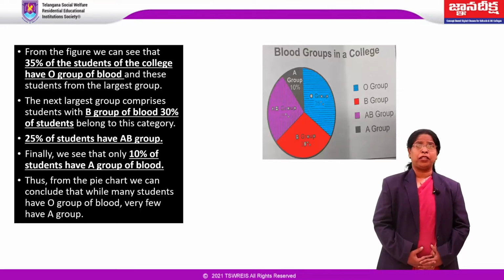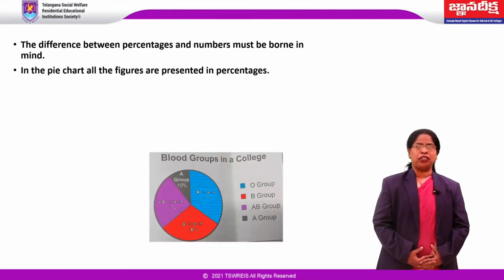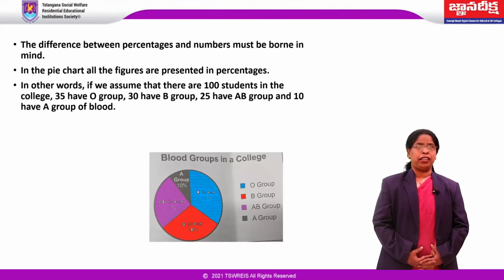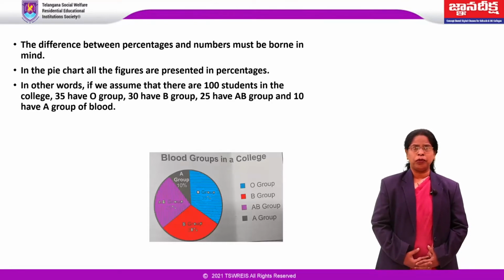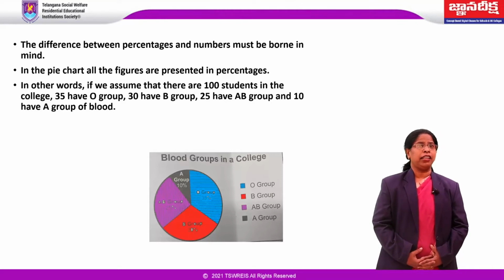Now, the difference between the percentages and the numbers must be borne in mind. In the pie chart, all the figures are presented in percentages. In other words, if we assume that there are 100 students in the college, 35 have O group, 30 have B group, 25 have AB group, and 10 have A group of blood.